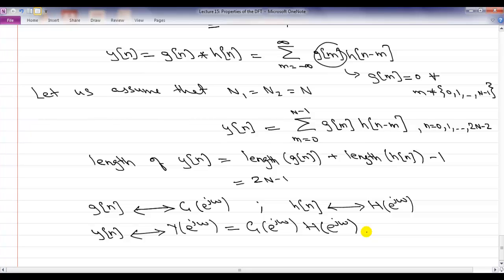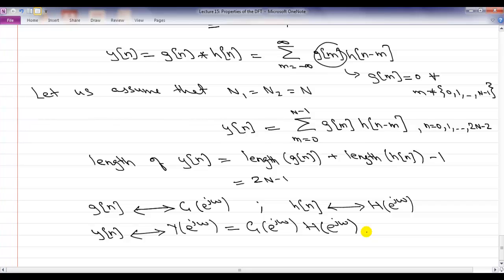Why? Because when you linearly convolve two sequences, you get back a sequence whose length is much bigger than the length of either one of the two sequences. In the DFT computation, we are forced to work such that whatever operations we do, we don't change the length of the sequences. So that's where circular convolution comes into play.